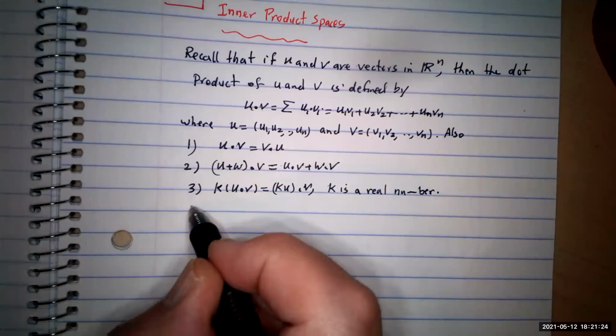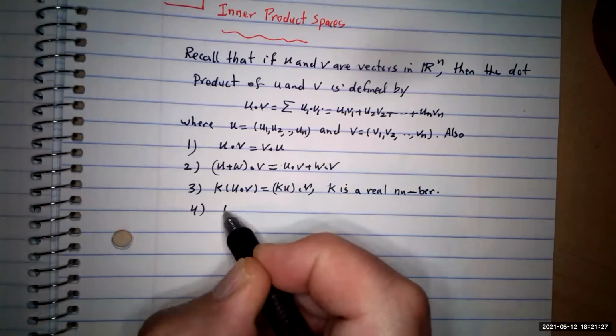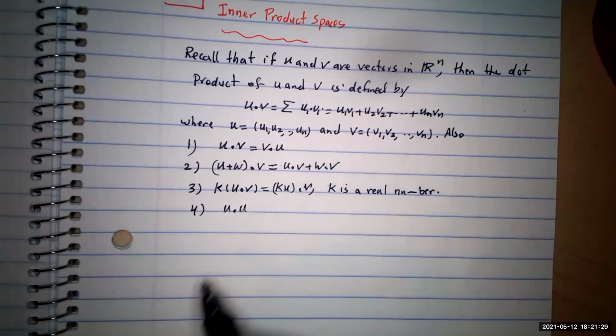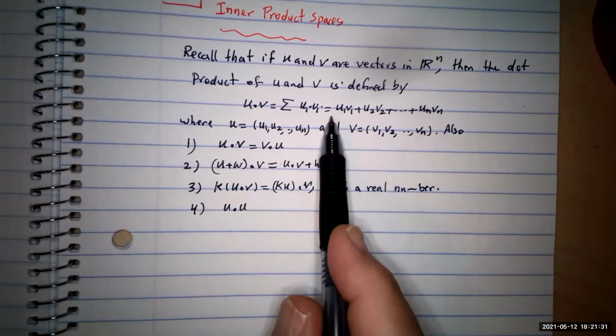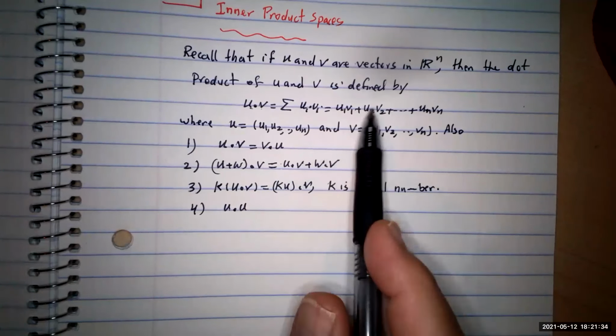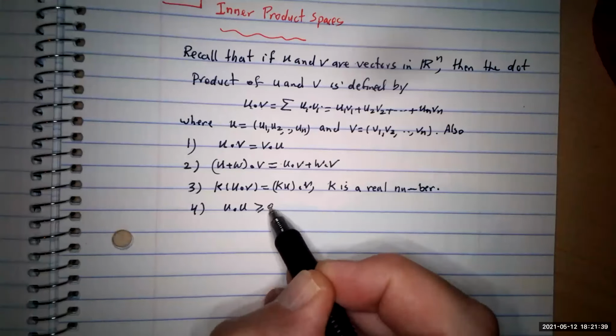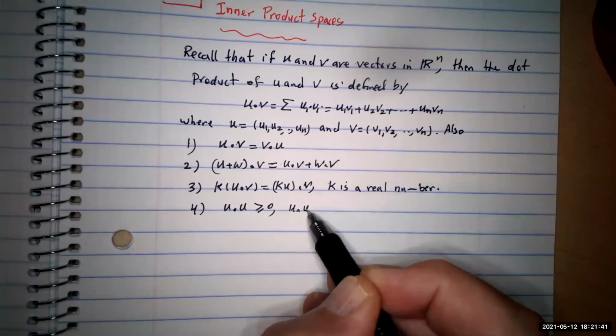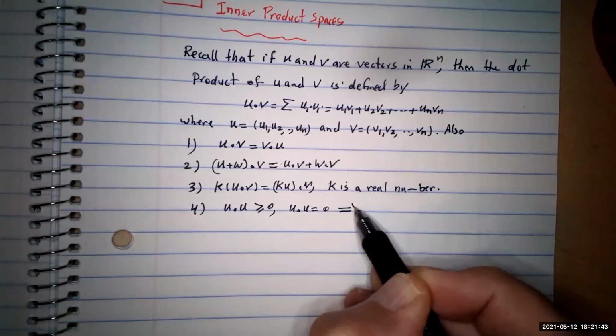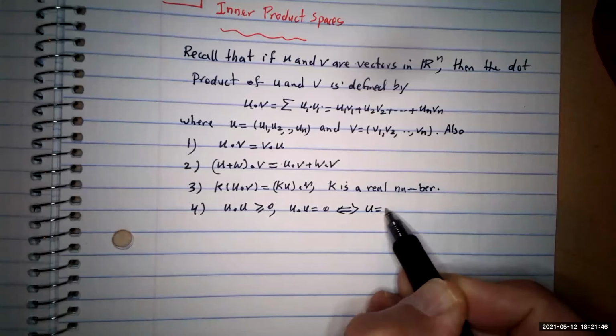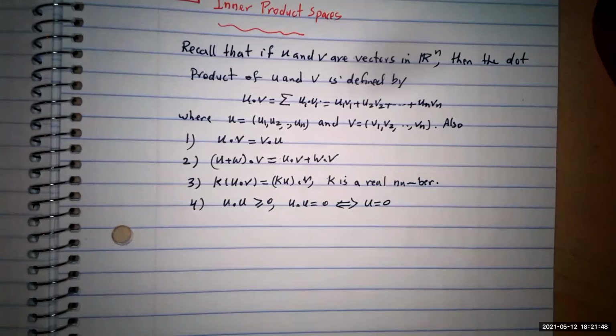The other property is that u dot u is the sum of u1 squared, u2 squared, etc., so it is always greater than or equal to 0. In fact, u dot u is equal to 0 if and only if u is equal to 0. We can easily see that this is true for Rn.